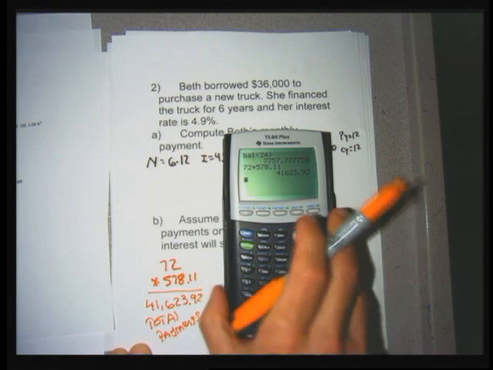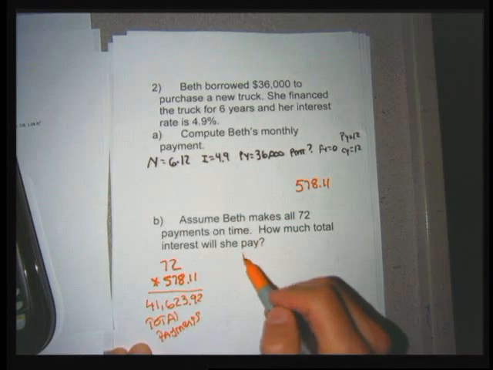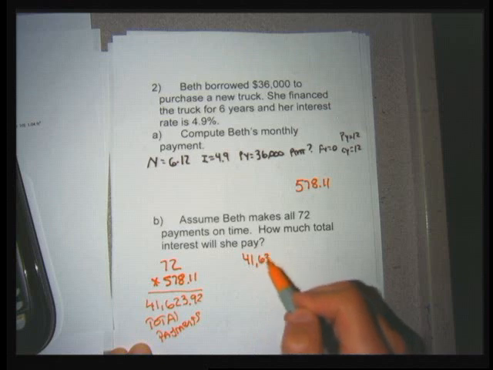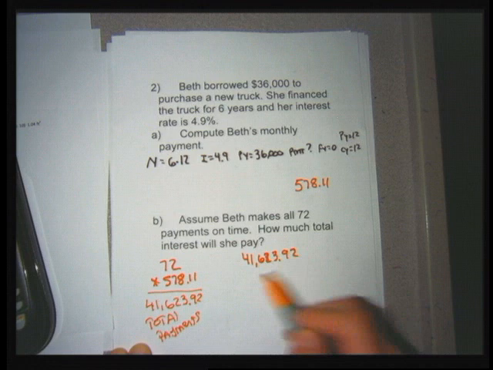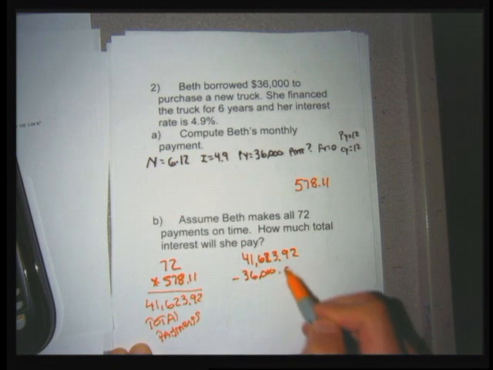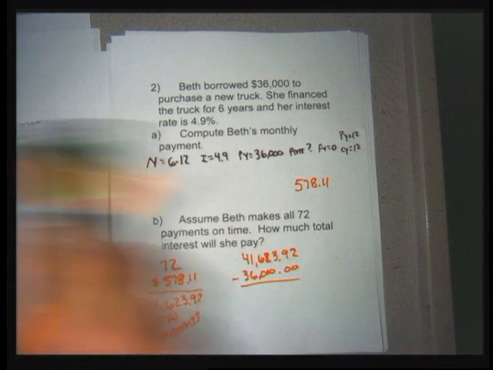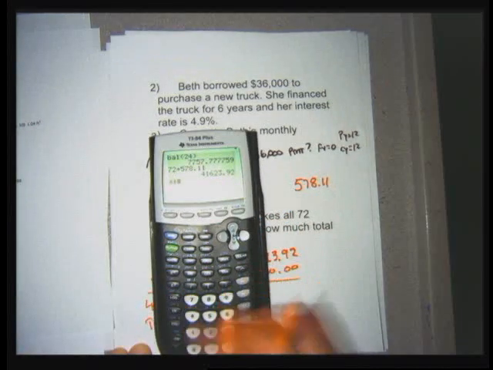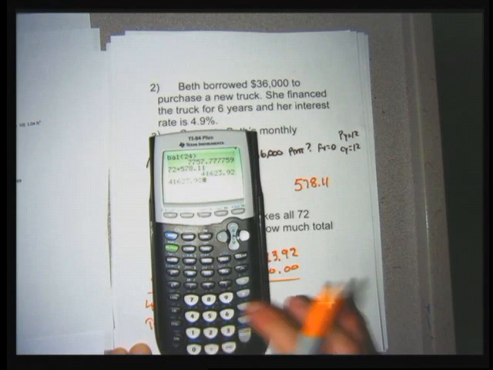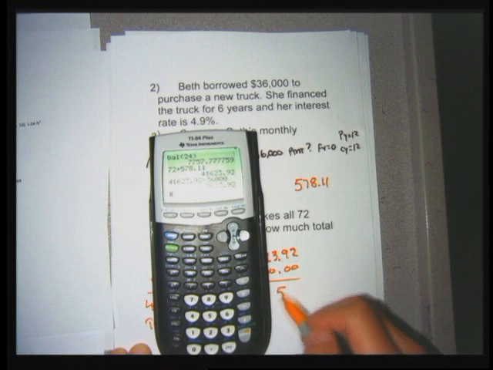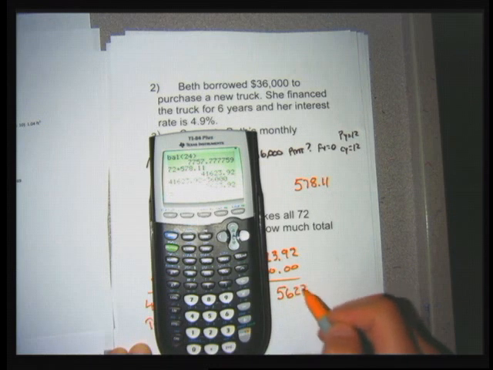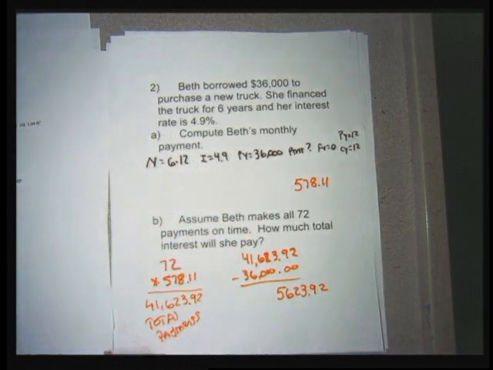But the truck she only borrowed $36,000, so the difference between what she's paying in her payments, the $41,623.92, minus the $36,000 that she borrowed, that's going to give me how much interest she paid. So I'm going to take the 41,623.92 minus the 36,000 that she borrowed for the vehicle, and she's going to have $5,623.92 in interest that she's going to pay.